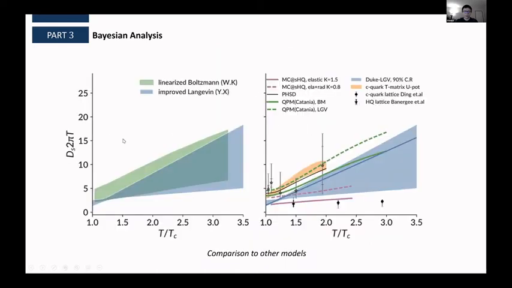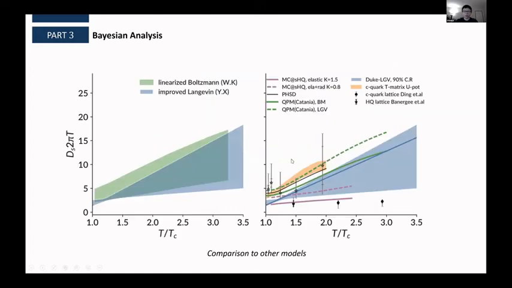And this is in comparison to other model calculations of this Ds, and you can see our extraction is quite consistent with other model calculations.